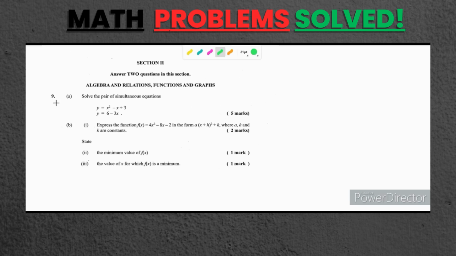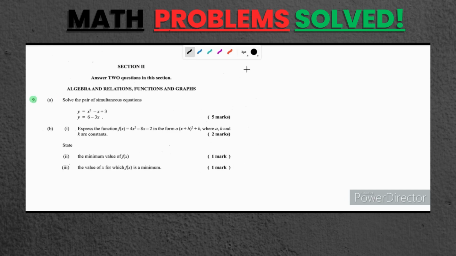What it says: solve the pair of simultaneous equations. We have given two simultaneous equations, right? Here you can see y equals to x square minus x plus 3 and y equals to 6 minus 3x. So what will we do?